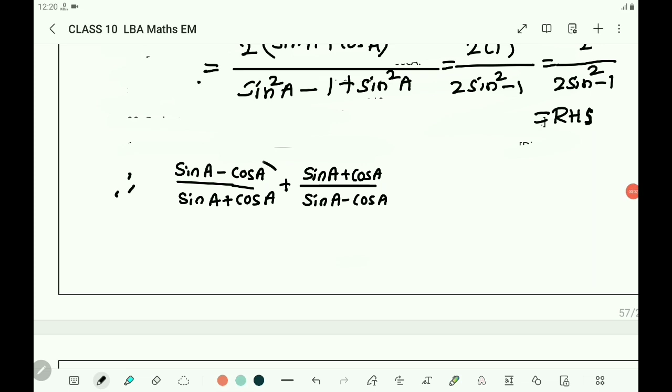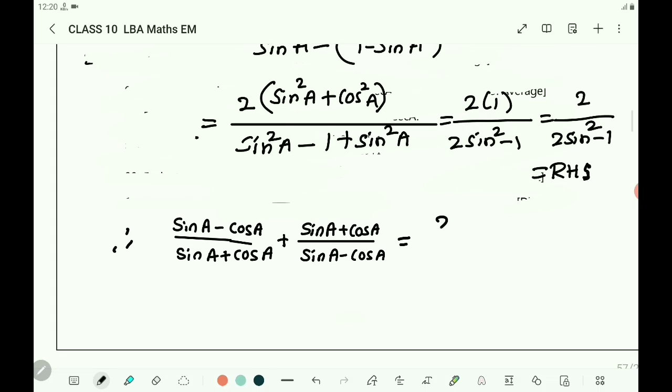Therefore, sin A by sin A plus cos A plus sin A plus cos A by sin A minus cos A is equals to 2 by 2 sin square A minus 1.